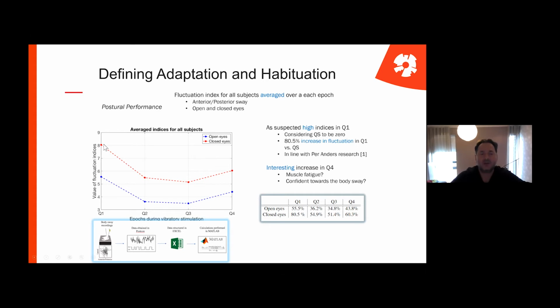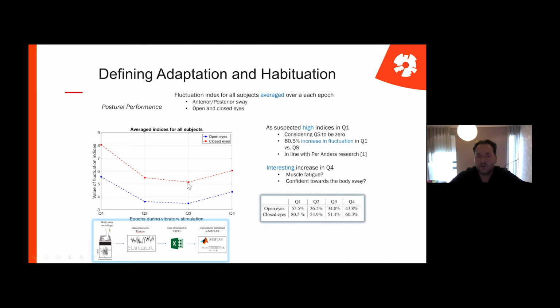So the big shock is obviously in the beginning. Then later, after 30 seconds, we have a first sign of habituation, because even though the stimulation continues, somehow we are able to face those perturbations a lot better than in the beginning. But obviously still keeping a lot of the differences between doing this with open eyes or with closed eyes.